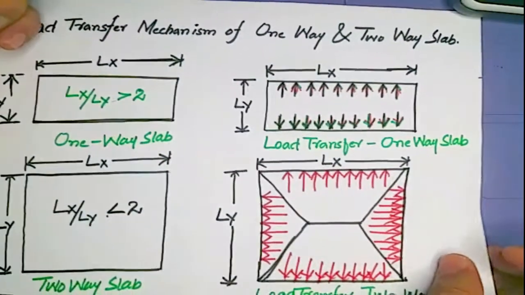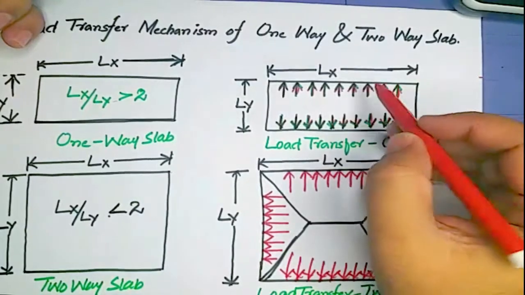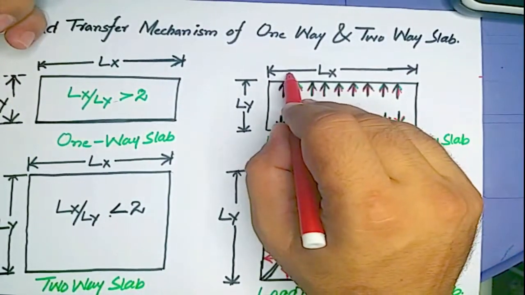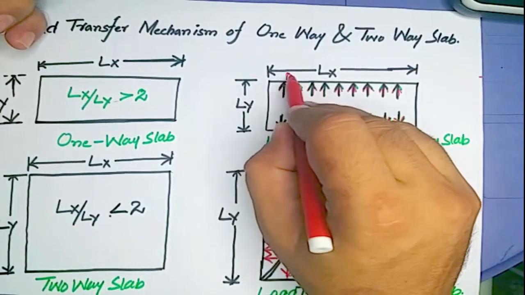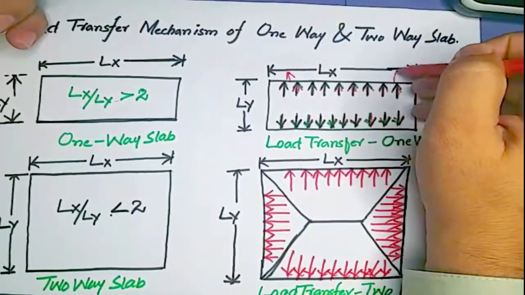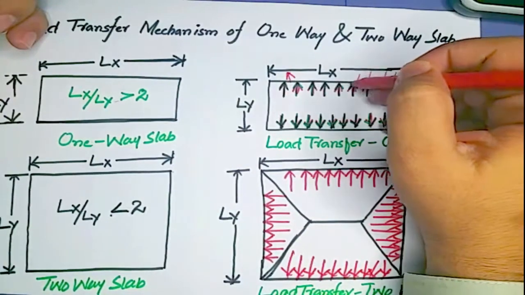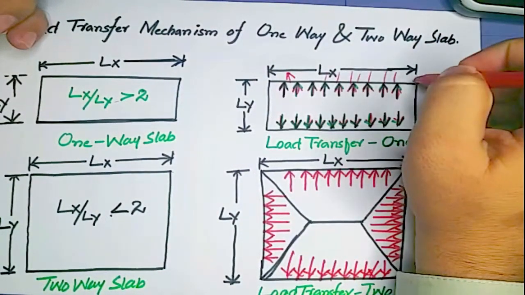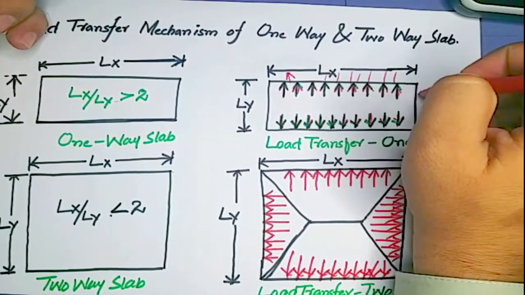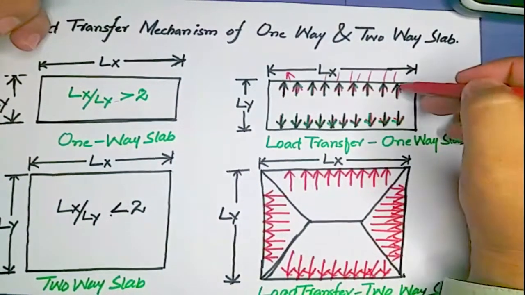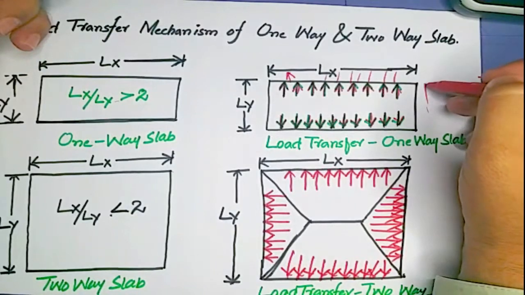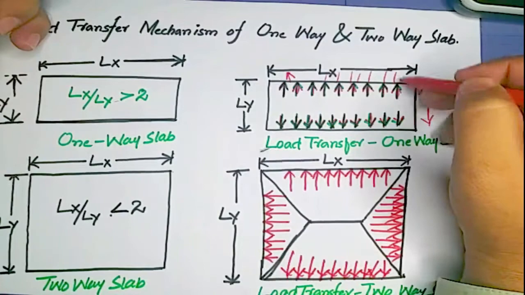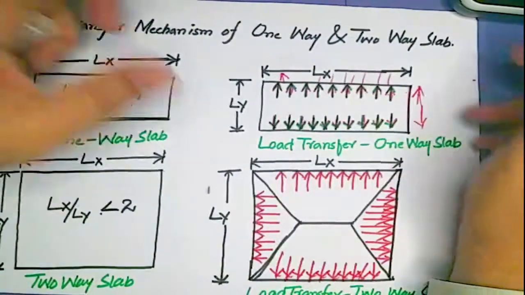In a one-way slab, you know that loads will be transferred in only one direction, which is parallel to its shorter side. This is the shorter side and these loads are parallel to the shorter side.